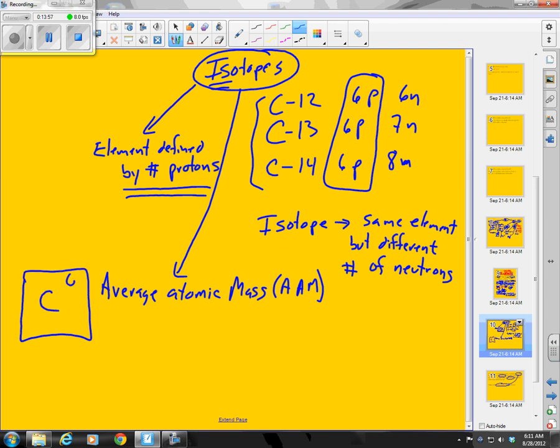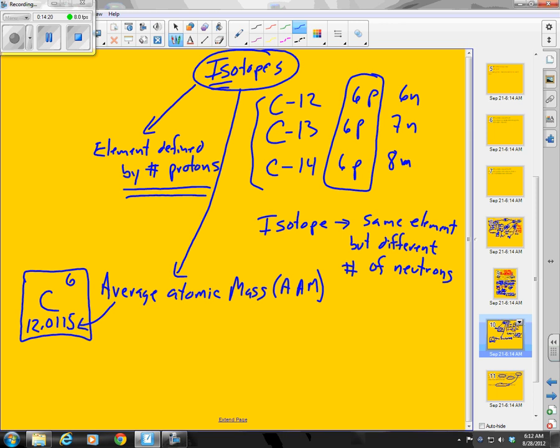Up here, I'll see a 6. And when I look at the bottom, at least on my periodic table, I see a number in red, and it is 12.0115. This is our average atomic mass. It is the number at the bottom of the periodic table.